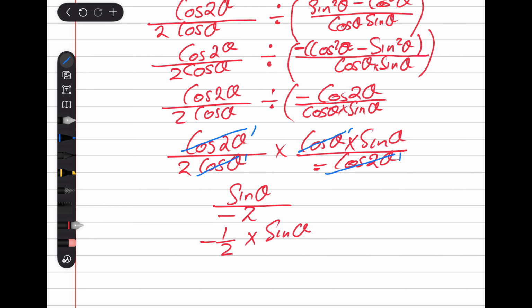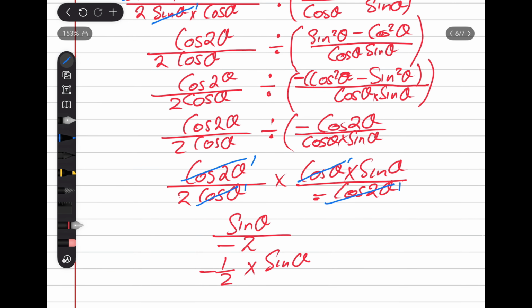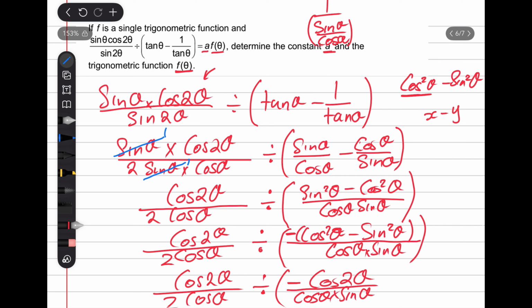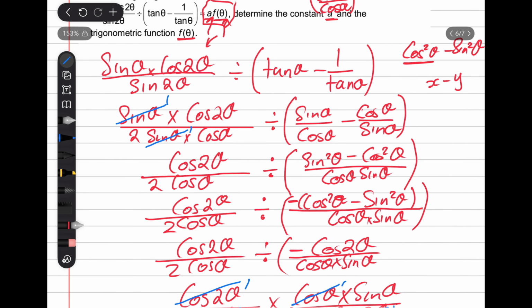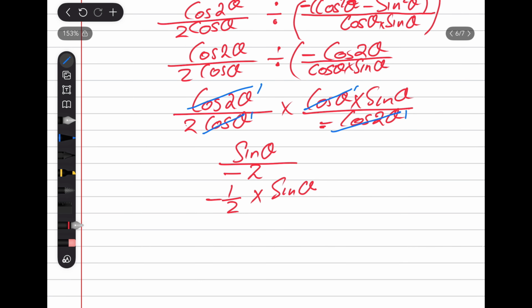Then remember, if we go back to our question here, they said that this is equal to something in this form, whereby a is a constant, f of theta is a single trigonometric function, right? So now how do we know? We can see that this is actually our constant, then this is our trig function.